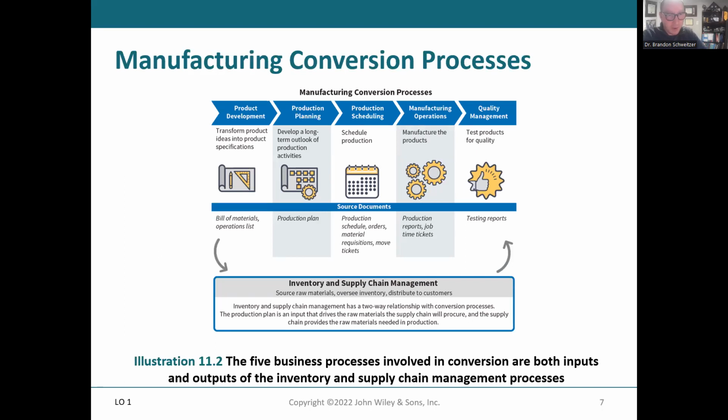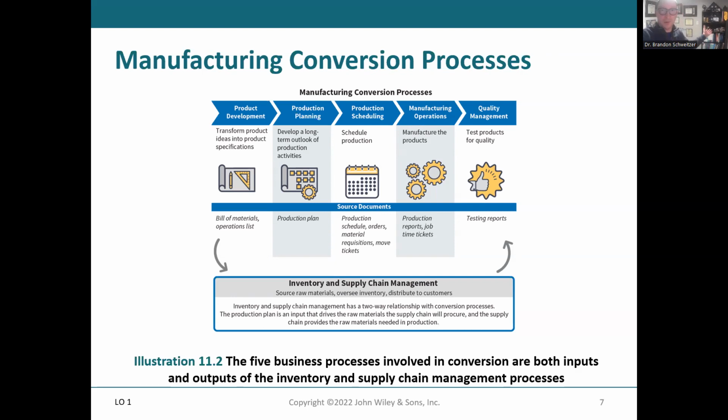We discussed this last time, but one of the conceptual frameworks when it comes to the manufacturing conversion process is we start with the development of the product, then we plan for the implementation of that product plan. We schedule the production, we operationalize, produce the product, and then we test the product.